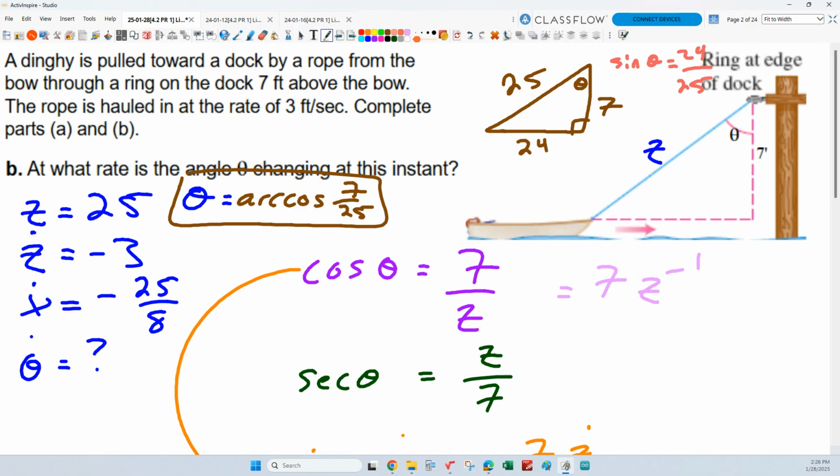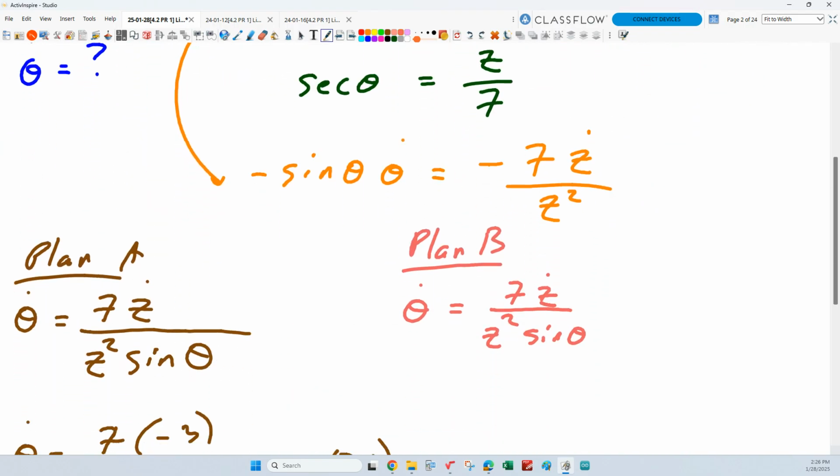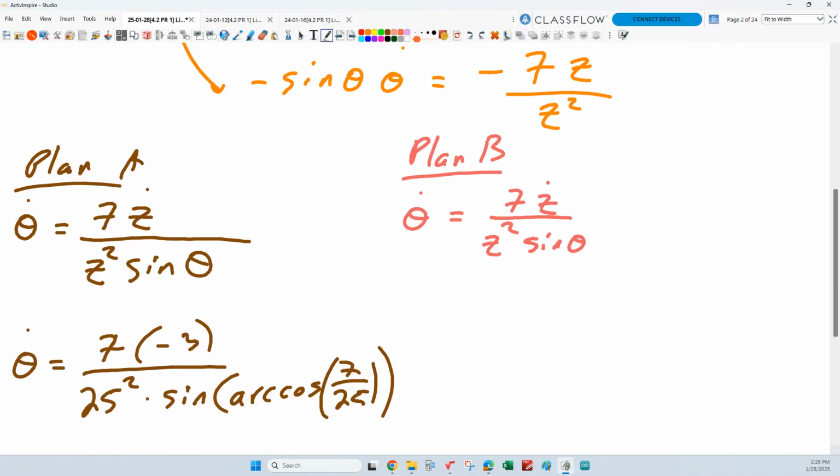So instead of having to take sine of a cosine, we know that sine theta is just 24/25. So we get 7 times -3 over 25 squared times 24/25. And then we could just conveniently cancel one of those, right? Everybody see that?